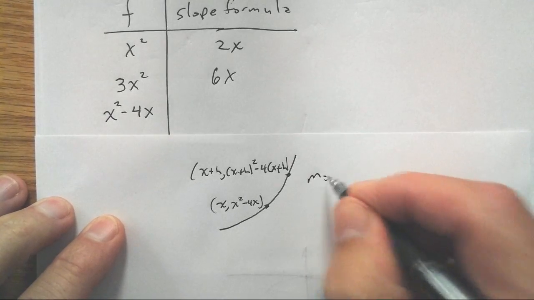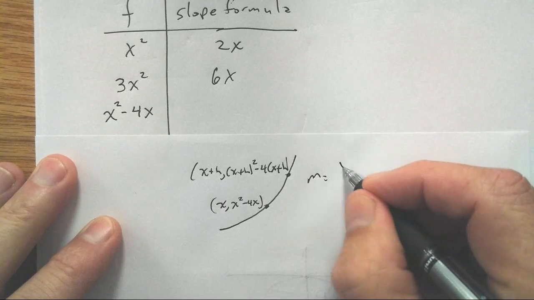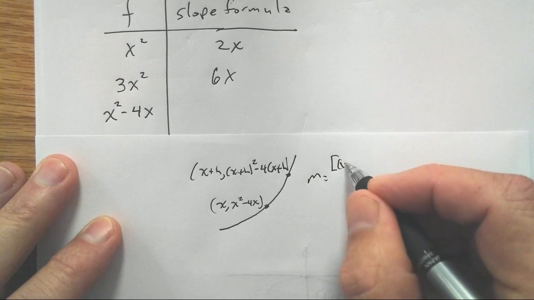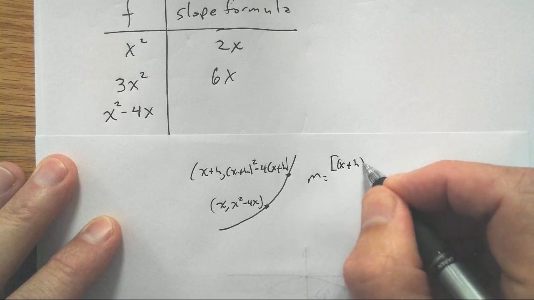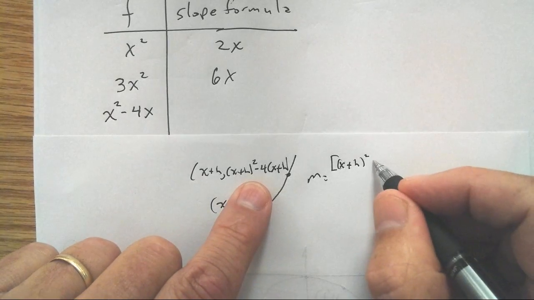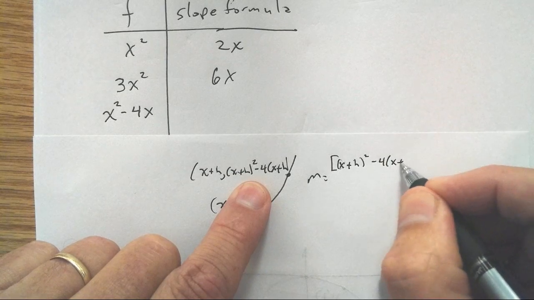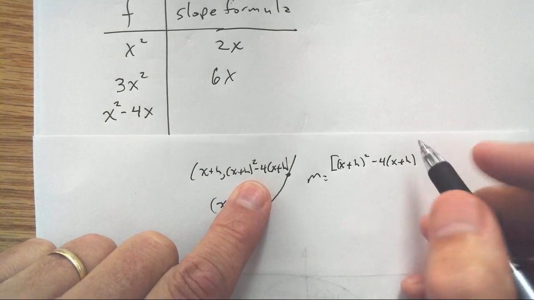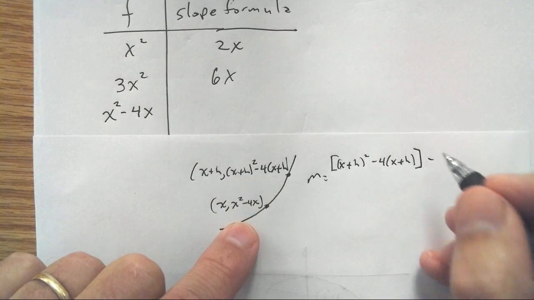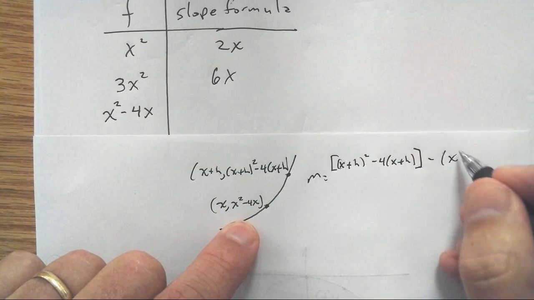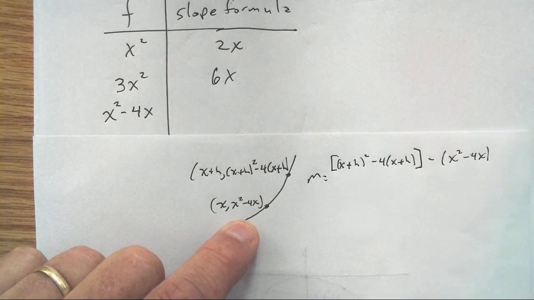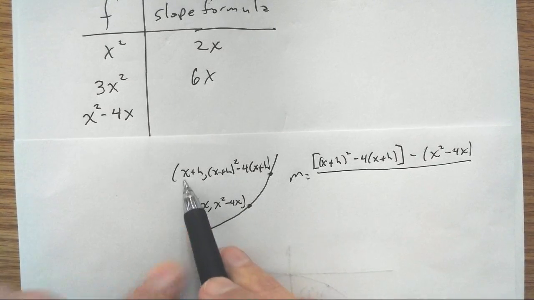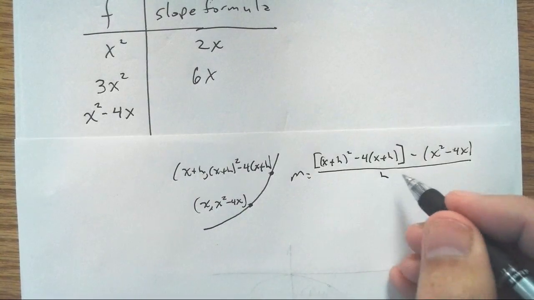So our slope is, I'm going to go brackets here, x plus h squared minus 4 times x plus h. And you can just watch this. And then from that I have to subtract all of x squared minus 4x. That's y minus y. It's messy. All on x plus h minus x. That's just h.